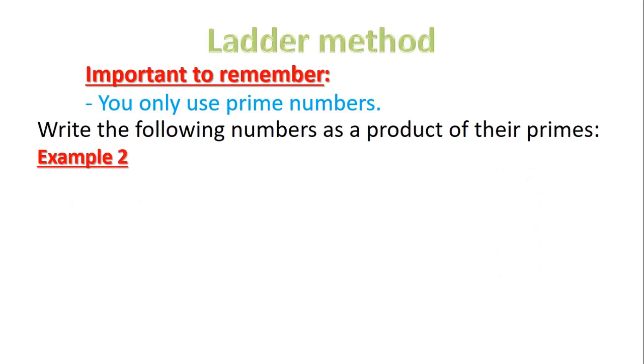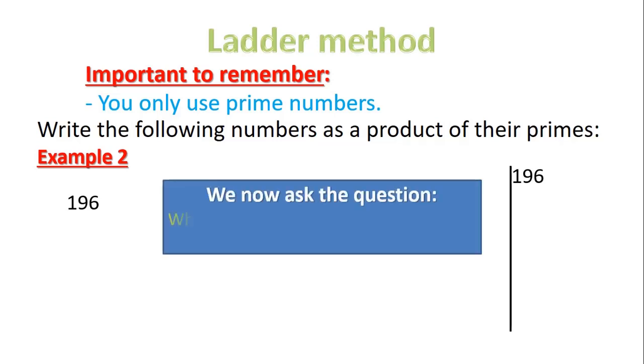So let's look at a second example. We're taking the number 196. We draw our vertical line and on the right hand side of it we write 196 and we start our process. What is our first prime number and does it divide into 196?